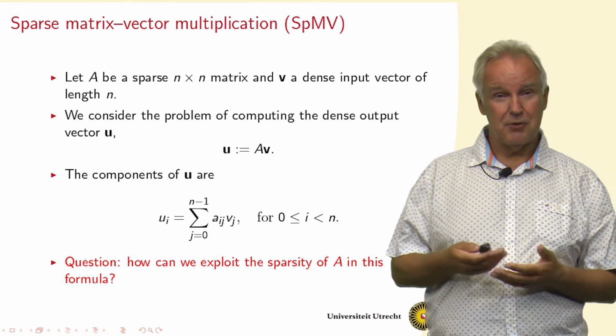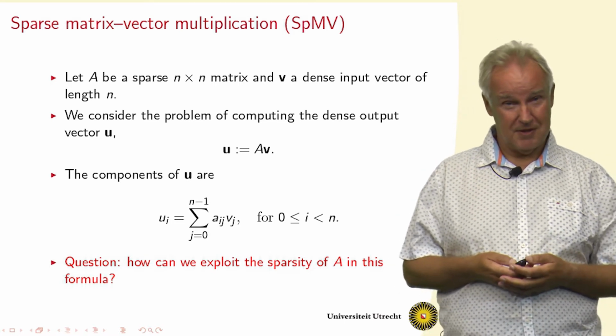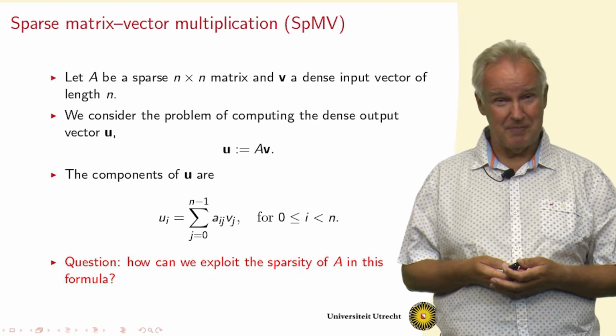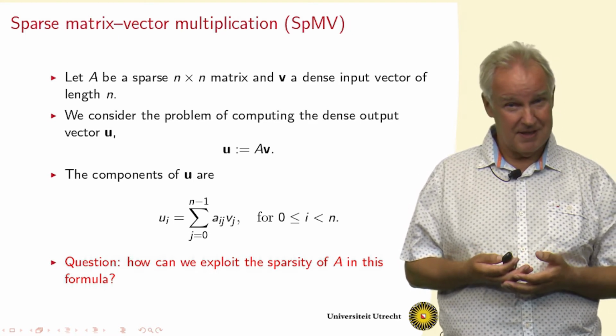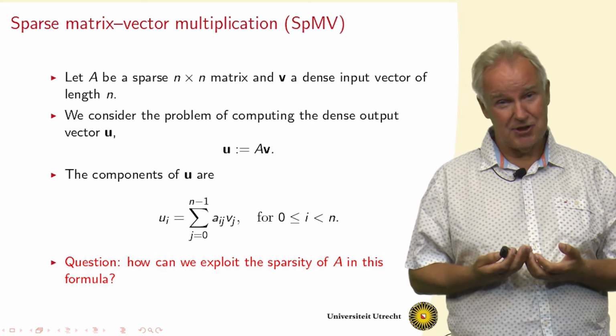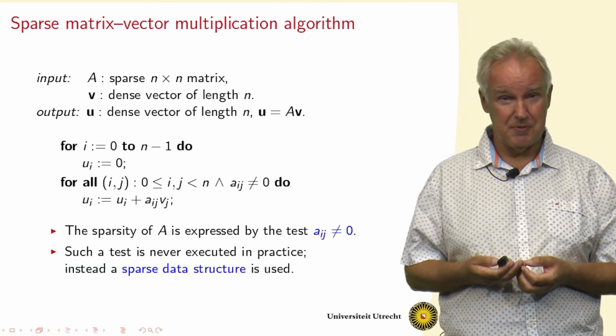Well, when you've thought about it, you maybe get to an algorithm. What you need to do is exploit the fact that these aij's in most cases are 0.